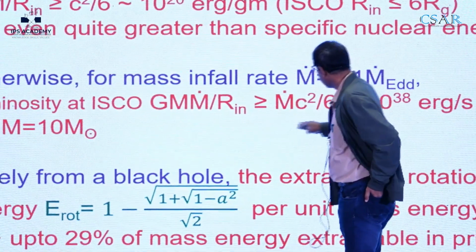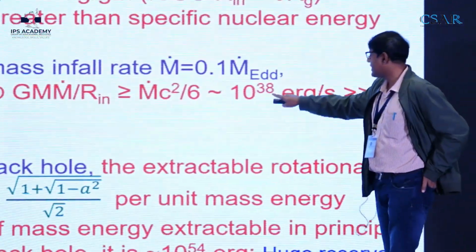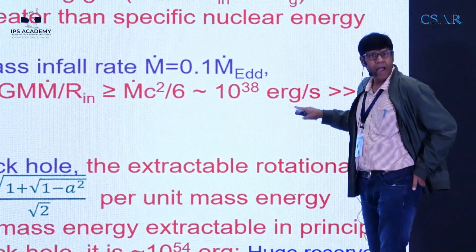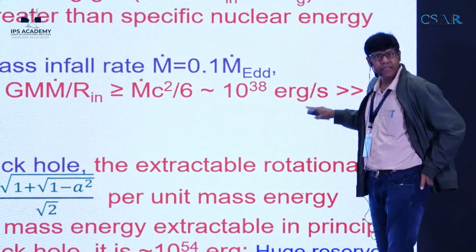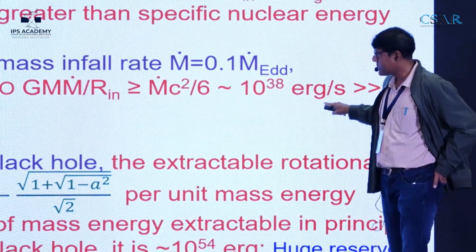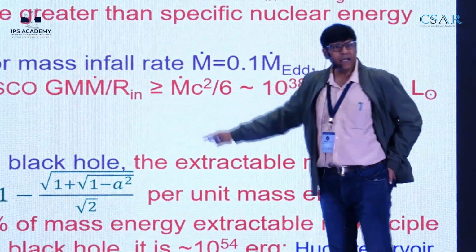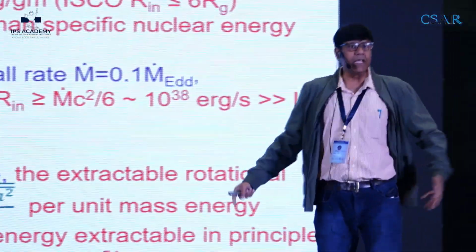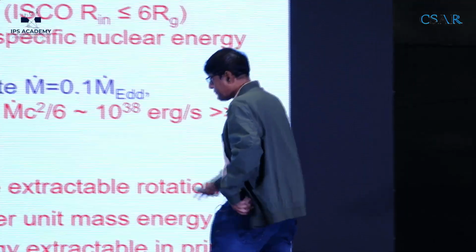The energy release is 10 to the power 38 ergs per second. This is at least 5 orders of magnitude higher than the energy the Sun produces. So the system has a huge reservoir of energy.